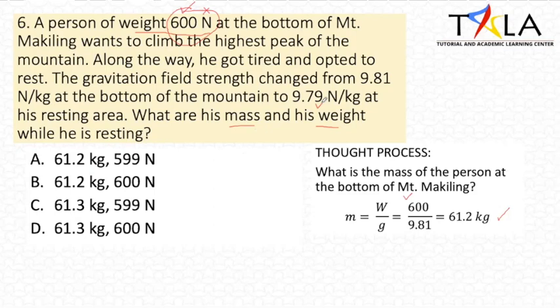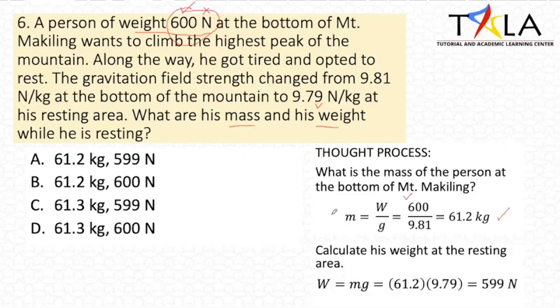So, how do we calculate for the weight? We can calculate the weight using this formula. Rearrange lang natin itong formula na to. And we can calculate weight from mass and the gravitational constant, 9.79. Okay? So, the answer is 599 Newton.